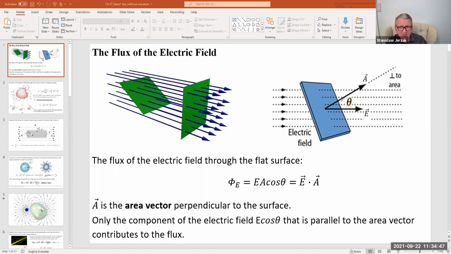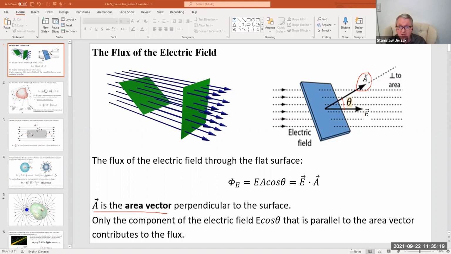But that angle is defined in slightly unusual way. It's actually, which is explained on that side on the screen, that if we have certain area and electric field this time is represented by these dotted lines, then the angle is, you see, the angle between the area vector, and the area vector was defined in physics 1801, but remember the area vector is the vector which has magnitude. Remember, vector has to have magnitude and direction.